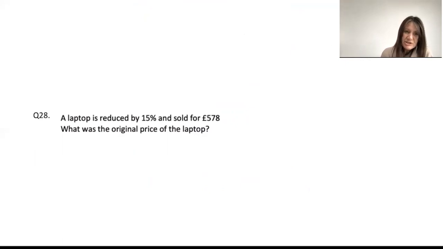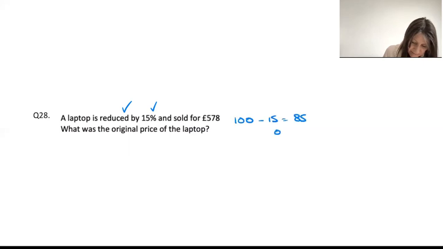Okay, so a laptop is reduced by 15% and sold for 578, and we want the original. So this is a decrease by 15%. So 100 minus 15 is 85. So 0.85 is my multiplier. So I don't know the original.